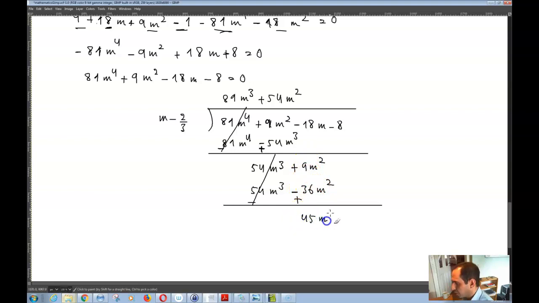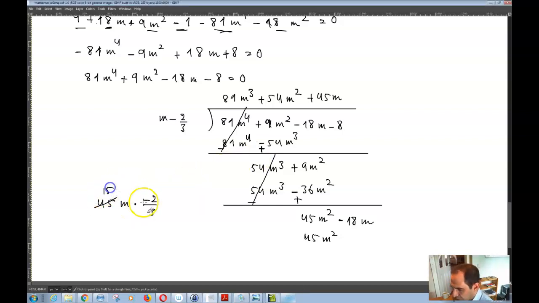45m squared, and then you have negative 18m. So then there you get plus 45m squared, and 45m times negative 2/3 is equal to, now 45 is the same thing as 9 times 5, and 45 divided by 3 is equal to 15.